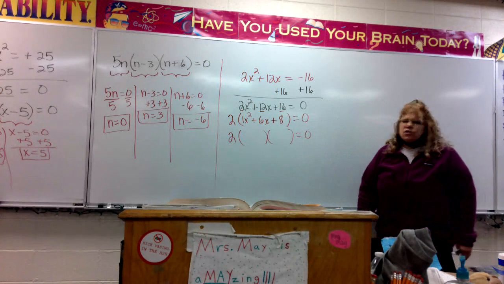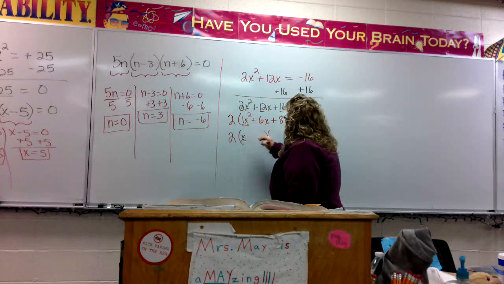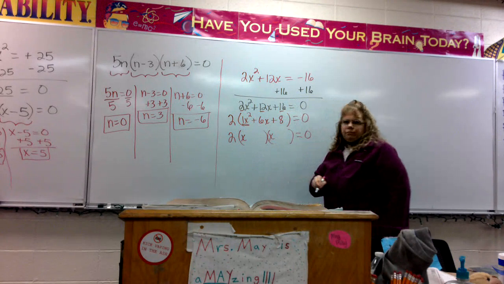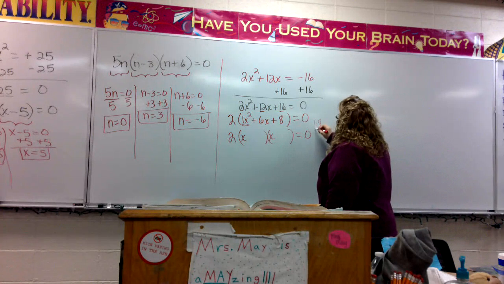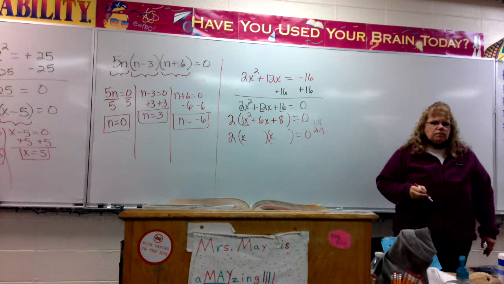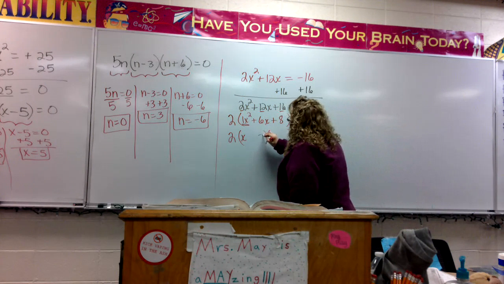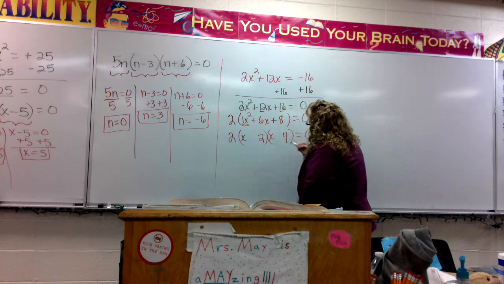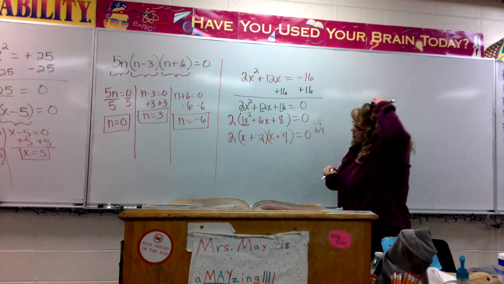Does that factor? Well, if it does, the x squared has got to be x and x. The 8 down here could be 1 and 8, could be 2 and 4. What do you say? 2 and 4, I hope. We just did this one 2 minutes ago. Signs, plus, plus.